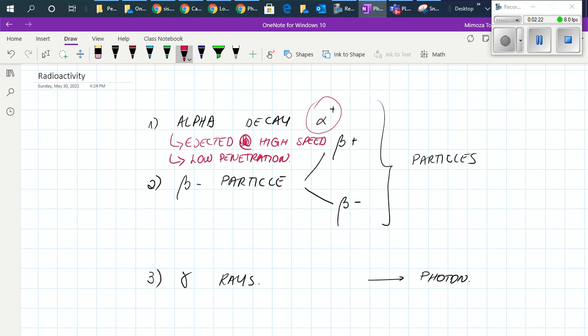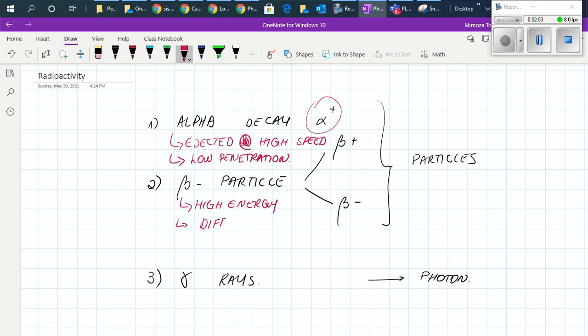Beta particles, either positive or negative, are high energy electrons or positrons, ejected from the nucleus. They have different speeds, and sometimes it's even at the speed of light.